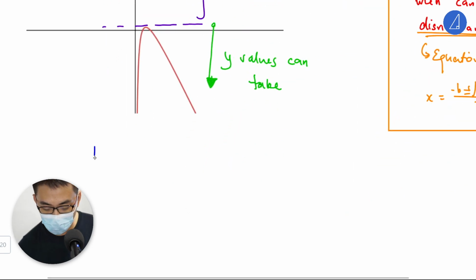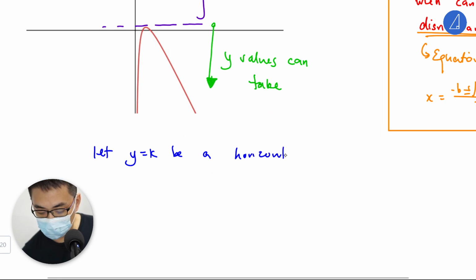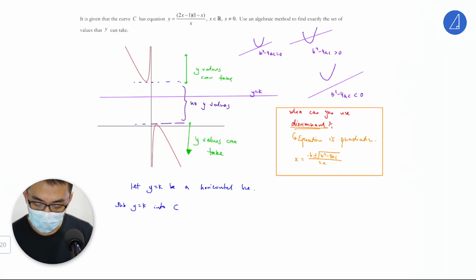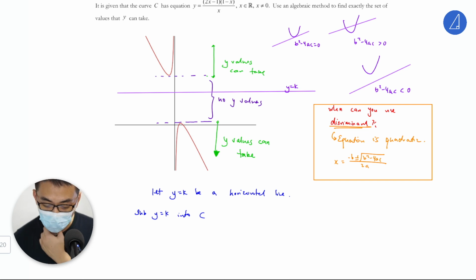So let y equals to k be a horizontal line. Then what we're going to do is just sub y equals to k into c. What I'm trying to solve is actually to find the intersection between this and this one here.